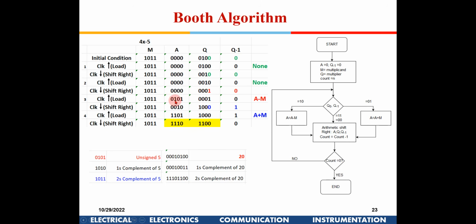So A minus M, right? So this minus this you have to do. So you have to take the minus of this first, and then add it to this, add it to 0 0. So if I take the 2's complement of 1 0 1 1, will it come 0 1 0 1? Let's try that.